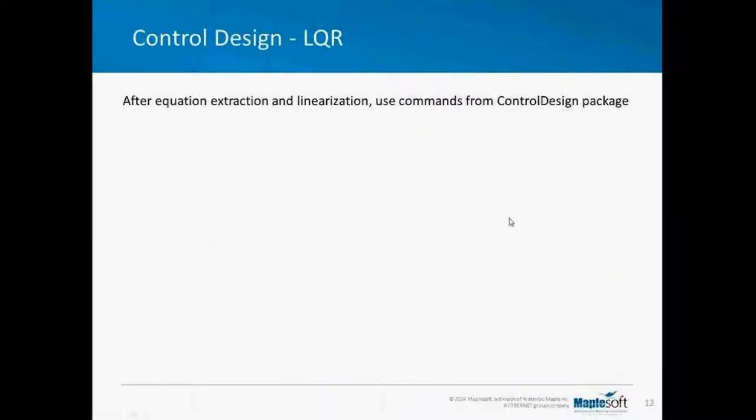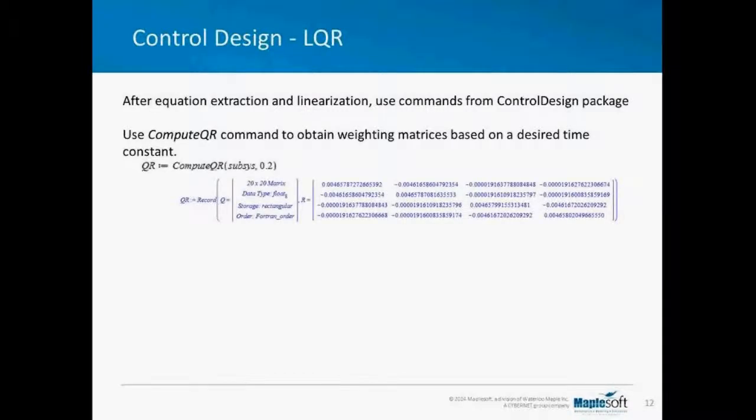Once we have the plant modeled within MapleSim, we can extract those equations and perform linearization. Then we can begin using commands within our control design package. In this case, I'm using ComputeQR to obtain the weighting matrices based on a desired time constant, in this case 0.2.